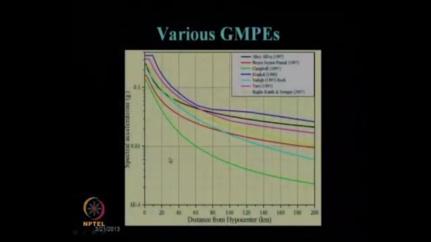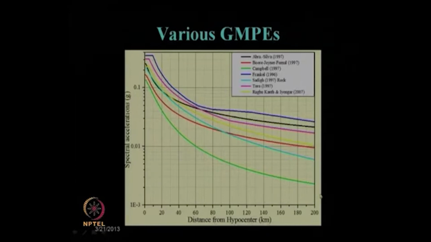Fine. So, let us now look at these 7 GMPs we have already mentioned. They are now represented in the form of spectral acceleration on the y axis in terms of g, so this is 0.1 g and so on, and the x axis is distance from the hypocenter in kilometer.